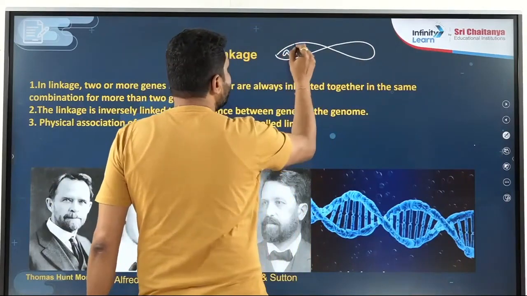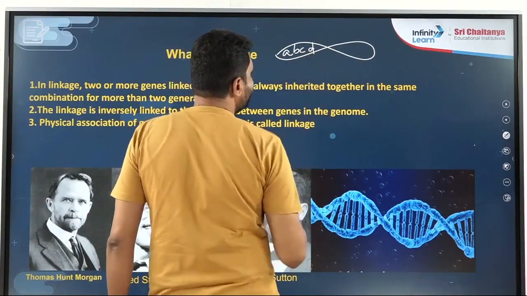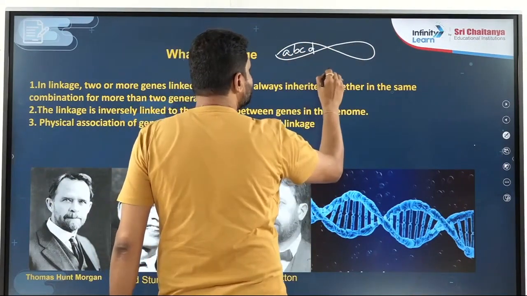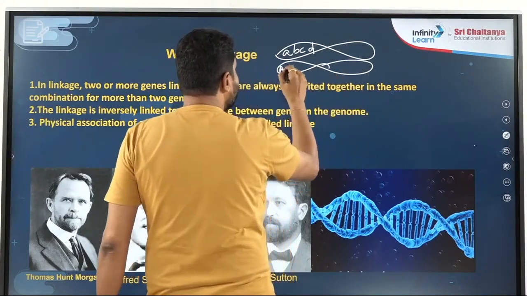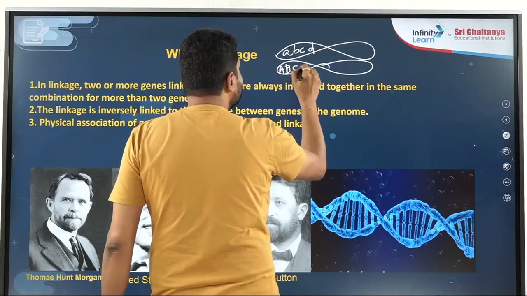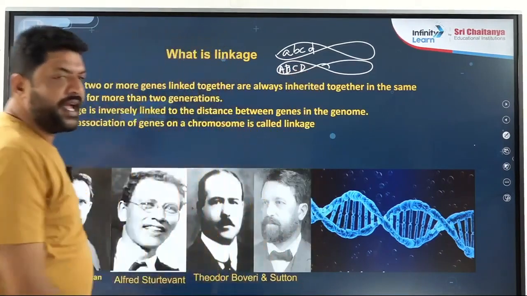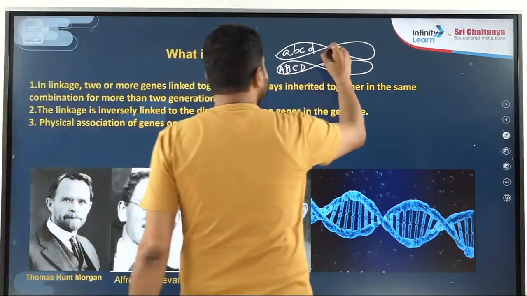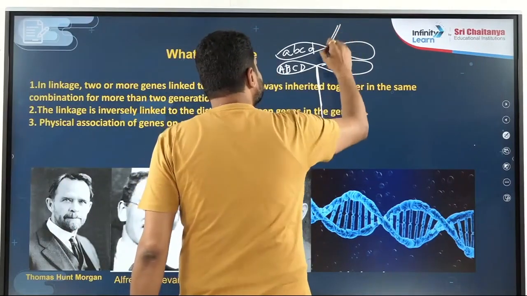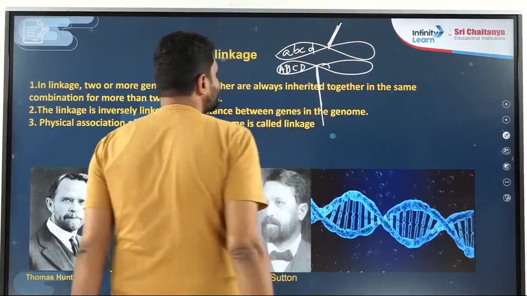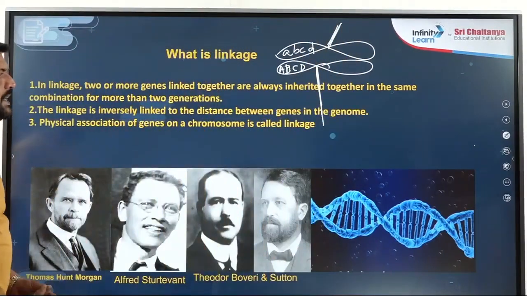So let us say A, B, C, D genes are there on the homologous chromosome. Capital A, capital B, capital C, capital D genes are there. Then this chromosome goes this way, captured by spindle fibers, and this will go that side. So what exactly does linkage mean?